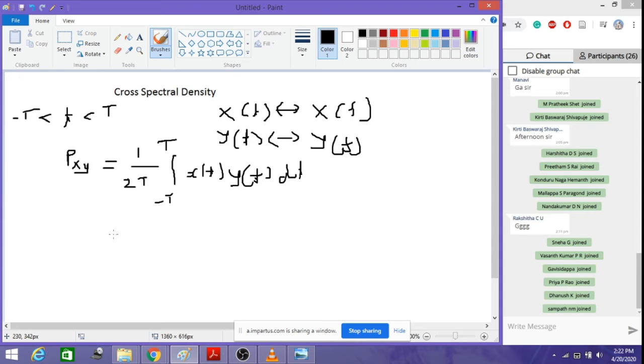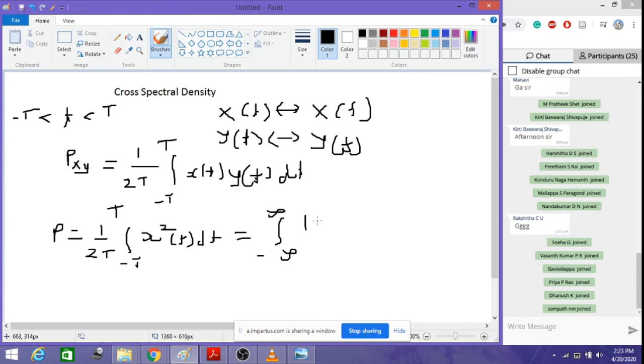Applying Parseval's theorem, P is equal to 1 by 2T integral from minus T to plus T of x square of t dt, which equals the integral from minus infinity to plus infinity of the magnitude square of x of f, averaged, with df. So this is Parseval's theorem.